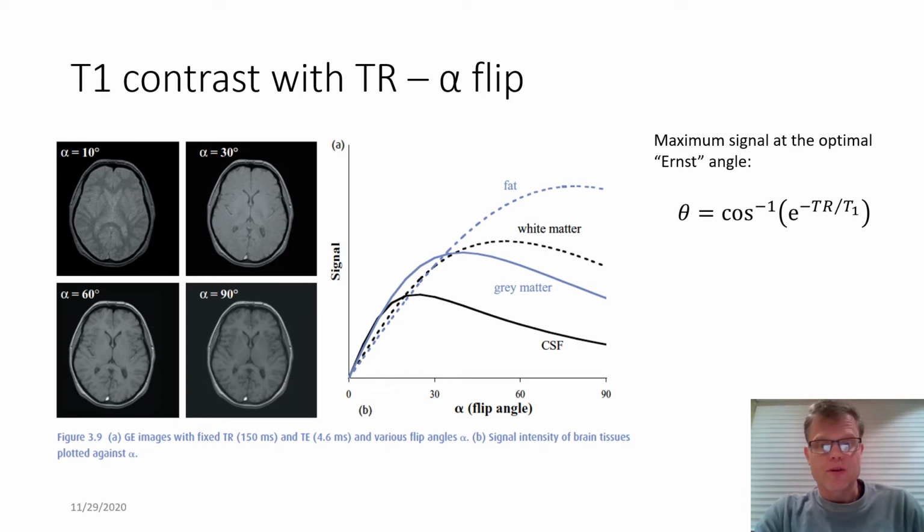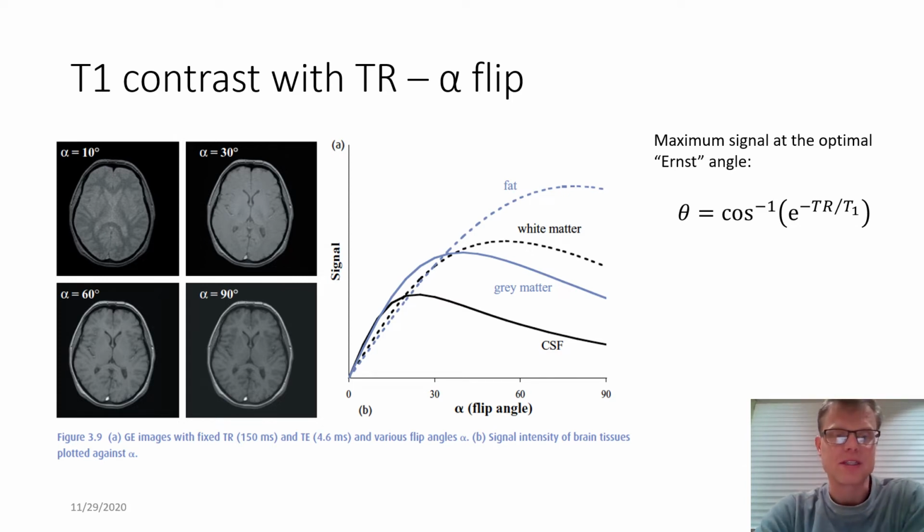If we were to plot that equation that I just wrote on the last slide for these same example brain tissues, fat, white matter, gray matter, CSF, you'd see signal curves like this. A couple of interesting things we can point out here.